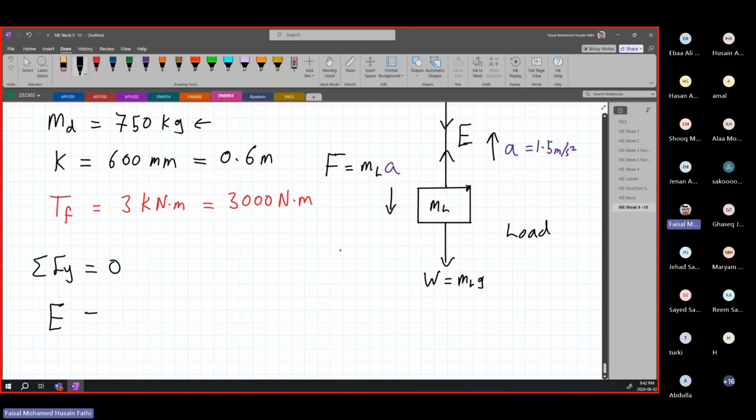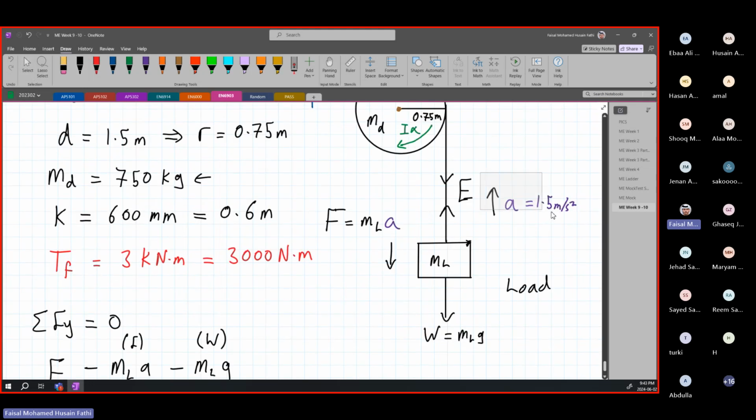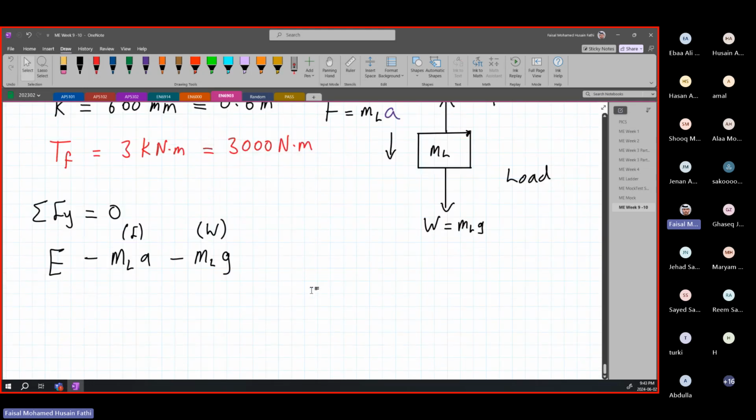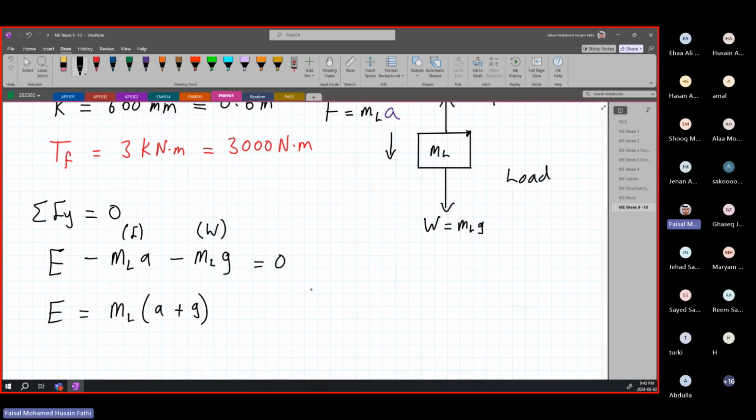So it is MLA. All right, this is just our force F. Minus M load G. This is our force, the weight force W, all right, because they're both pointing downwards because we have an acceleration going upwards, equal to 0. In other words, our E is going to be equal to MLA plus G. If I just take them to the other side and take ML common.